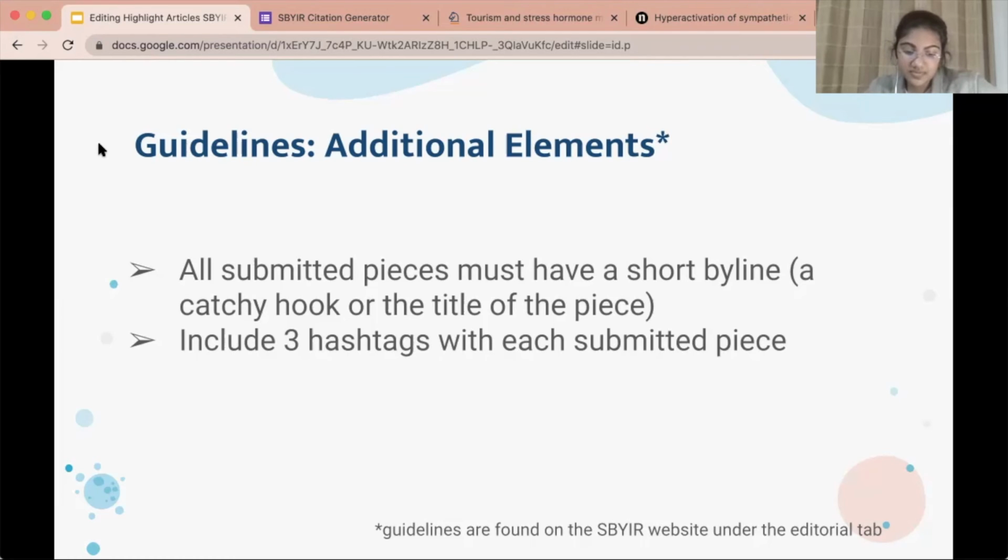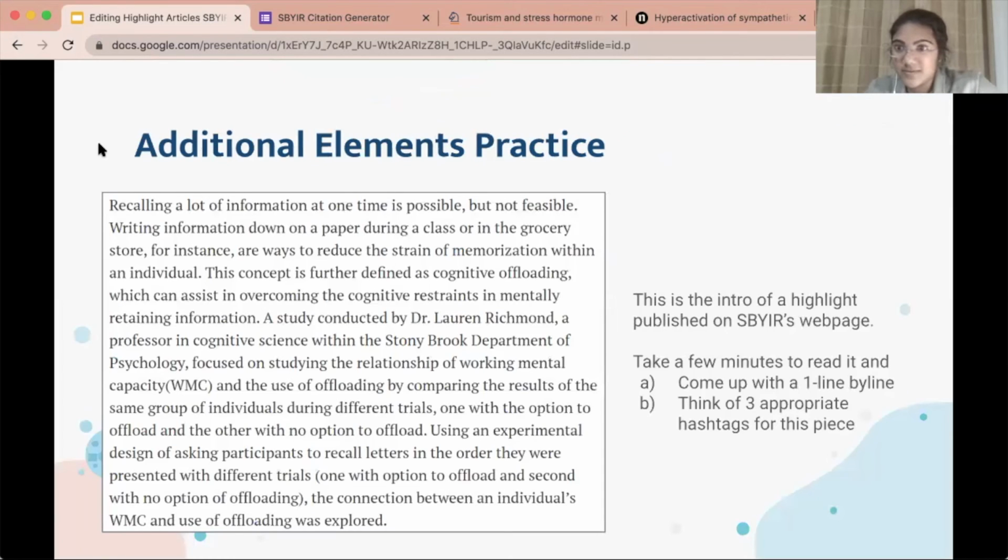So I think that's pretty easy to follow. Let's do a little bit of practice with that. This is an intro for a highlight that's actually published on our page. It's about something called cognitive offloading. Take a few minutes to read it, and come up with a one-line byline.